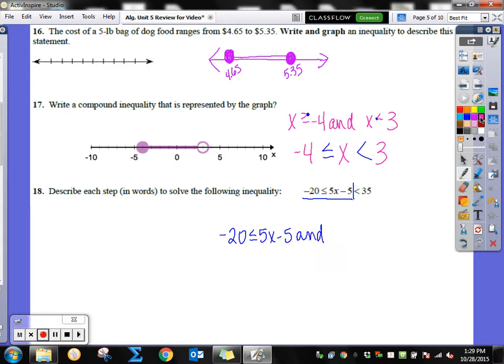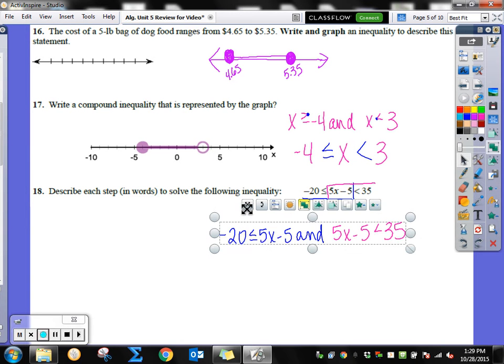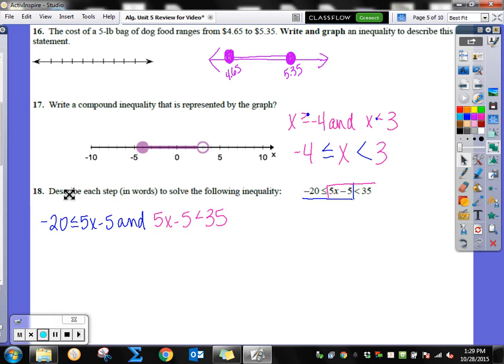And then you would go from 5x minus 5 is less than 35. Notice that that middle section is with both pieces. So that could be our first option, and then you could solve each of those separately. And you would have all your steps.